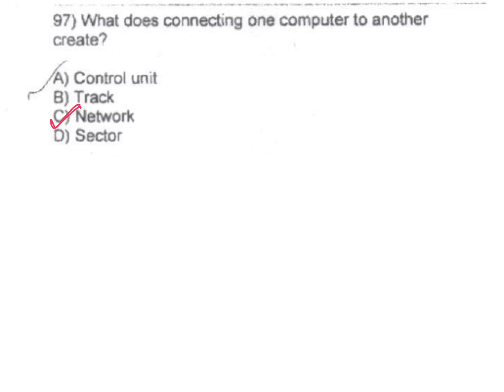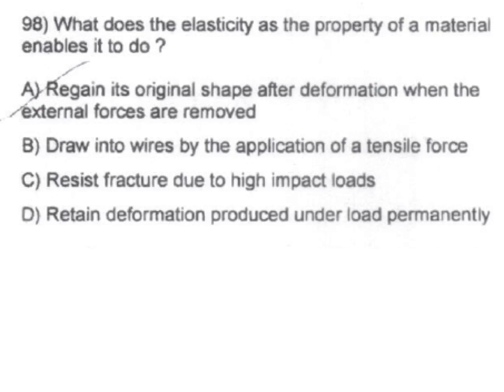Question is, what does the elasticity as the property of a material enables it to do? A. Regain its original shape after deformation when the external forces are removed. B. Draw into wires by the application of tensile force. This is for ductility.